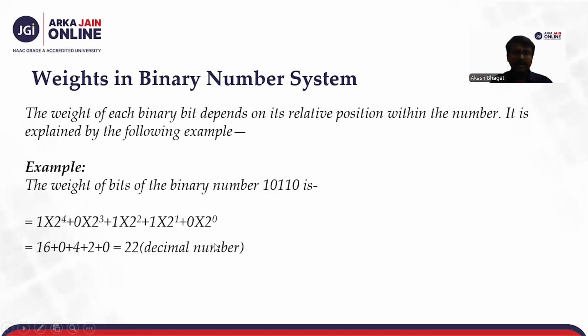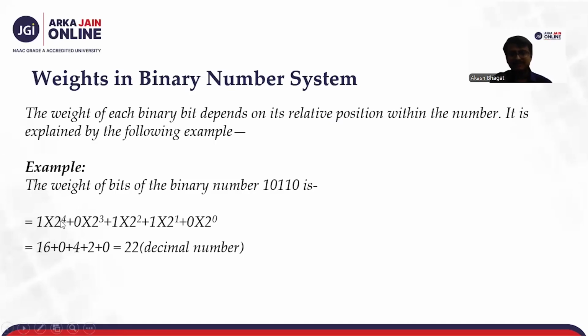Why are we putting 2 as the weight while converting binary into decimal? Because the base of the binary number system is 2. There are only 2 digits, 0 and 1, so this 2 plays an important role.